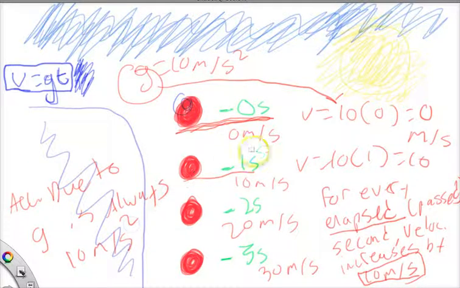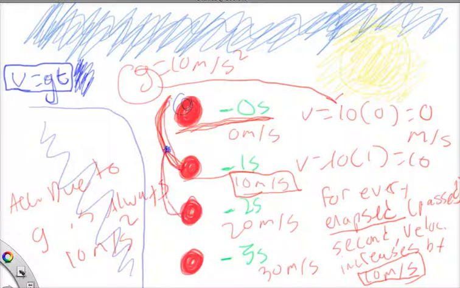This is key physics right here. You can rewatch this video, but you're going to have to know this very well. When you go from here to here, it's a 1 second time difference, and so it's a 10 meters per second velocity change. That's key. I'll see you guys in the next video, which will be more on moving projectiles and acceleration.